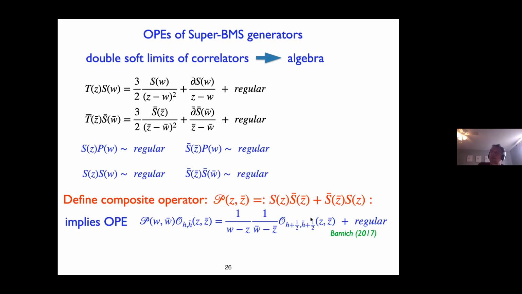Some time ago, a similar operator was constructed by Barnich, basically by taking a formal Laurent series of the supertranslation generators of the BMS algebra, and constructing a field that has this action on primaries. We find it here as a composite operator between two supercurrents.